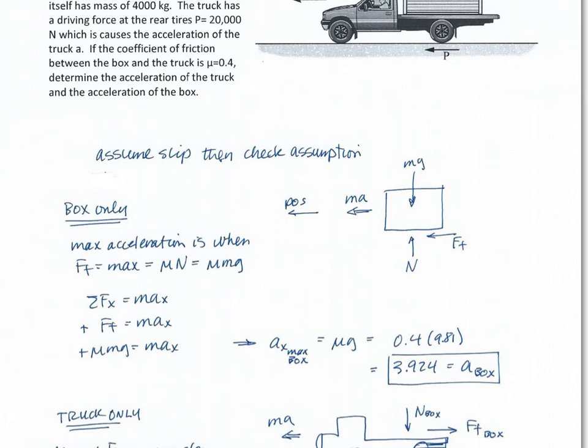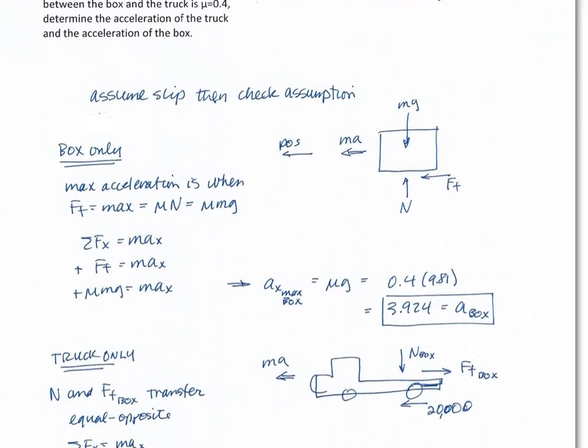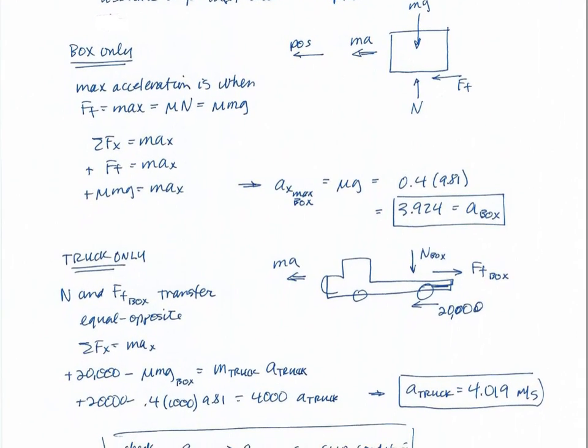If I assume that it's slipping, then I have to look at the truck. The truck acceleration would then be calculated by taking the two forces from the box, which are the force of friction and the normal force, and transferring them equal and opposite to the truck. Now the truck only has a 20,000 Newton force to accelerate it.